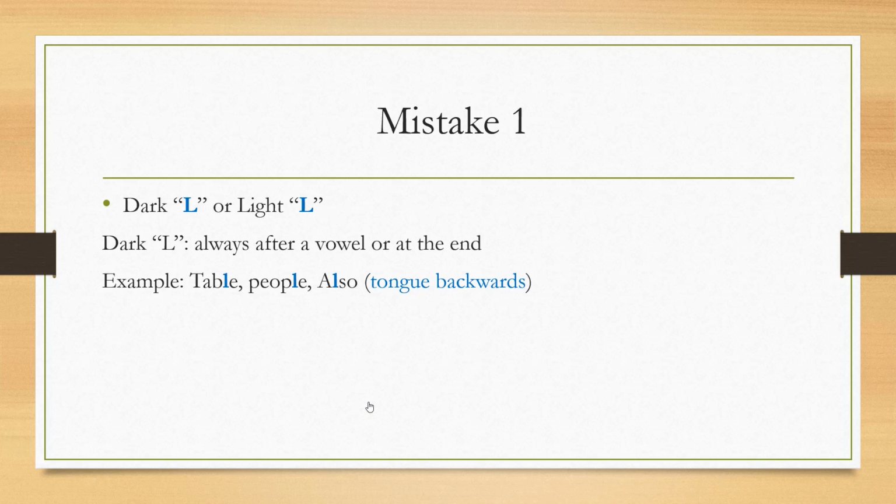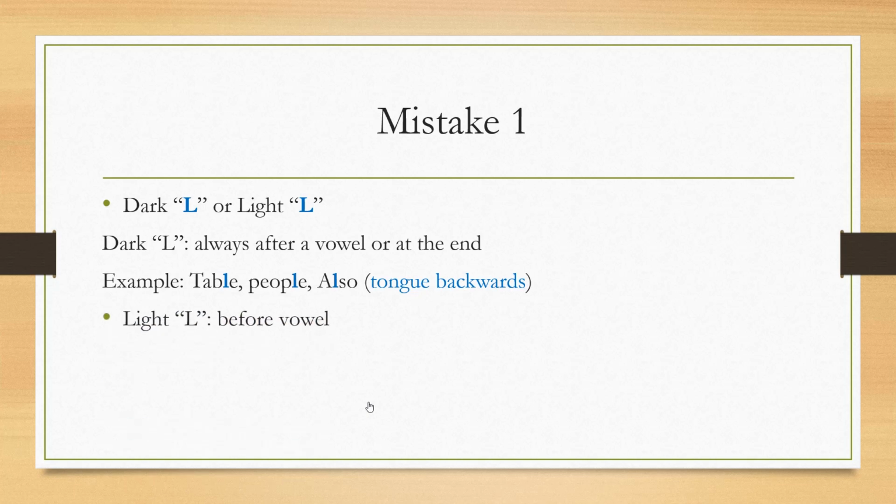Okay. In order to have a good English pronunciation, you have also to pay particular attention to what we call the dark L. And it's always after a vowel or at the end of a word.